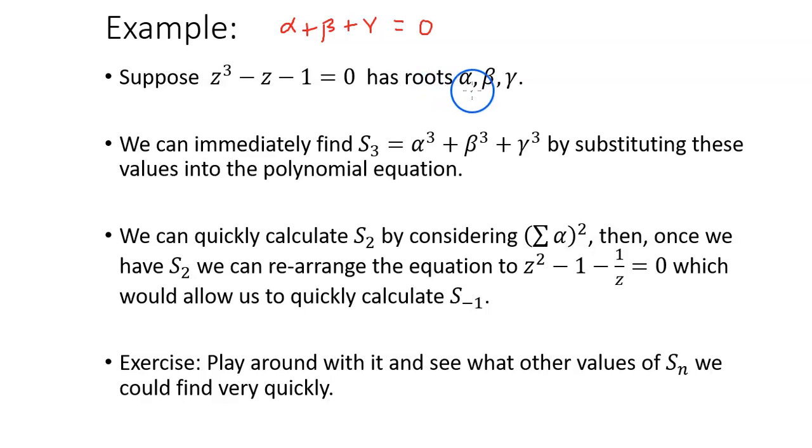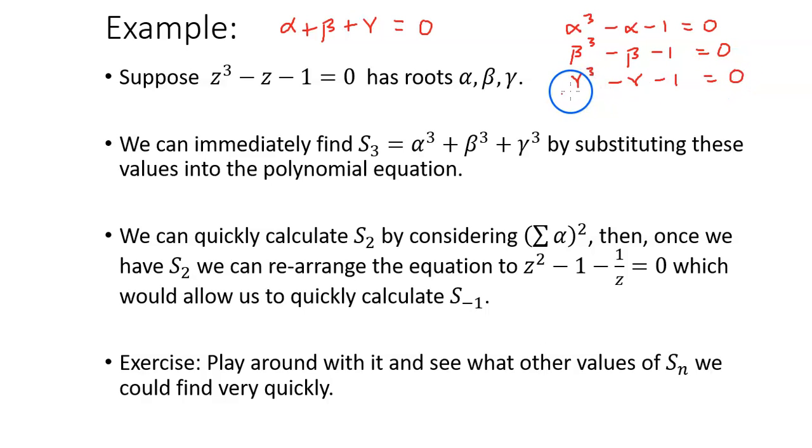Now, since alpha, beta, and gamma are all roots to this equation, we also know that alpha cubed minus alpha minus 1 equals 0, beta cubed minus beta minus 1 equals 0, and gamma cubed minus gamma minus 1 equals 0.